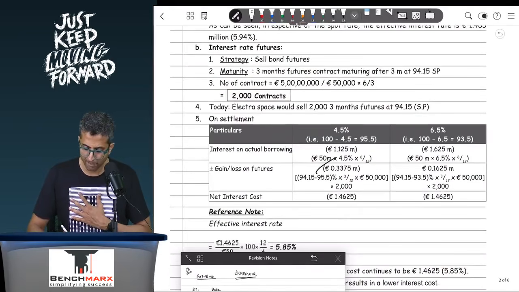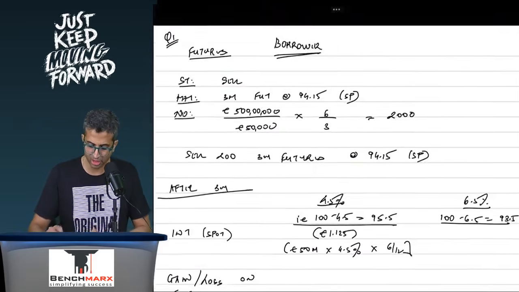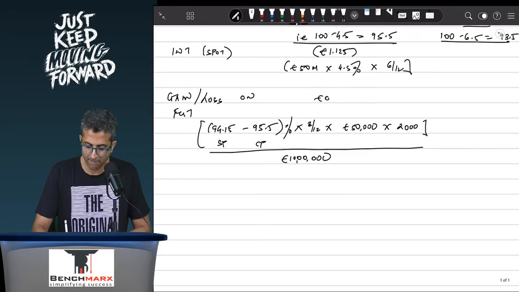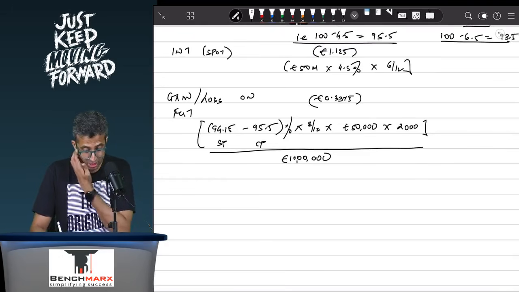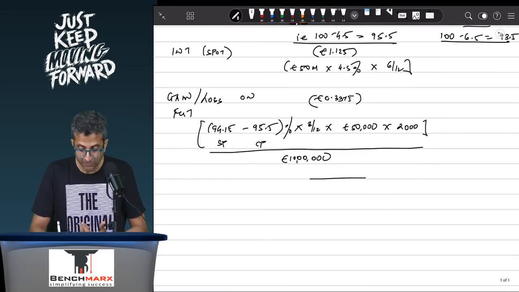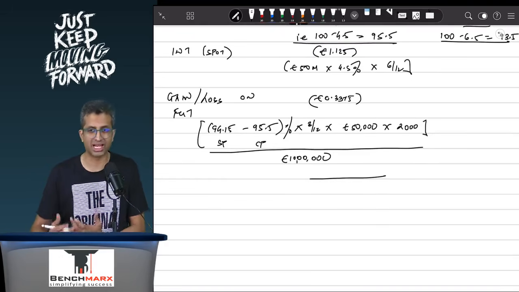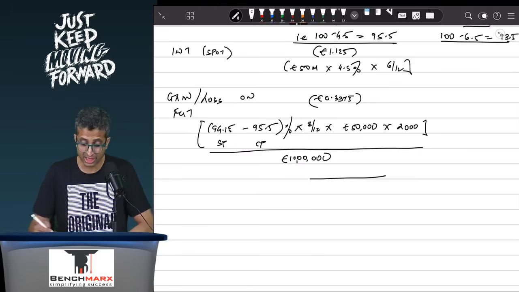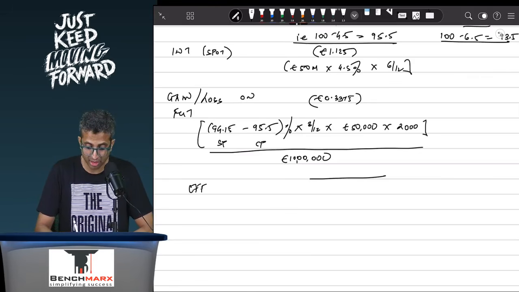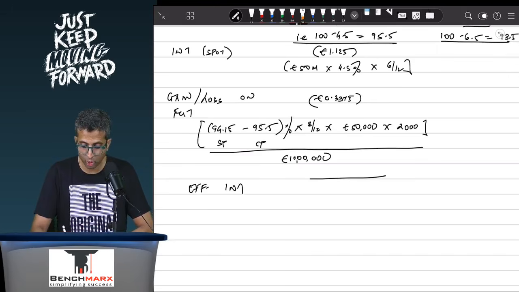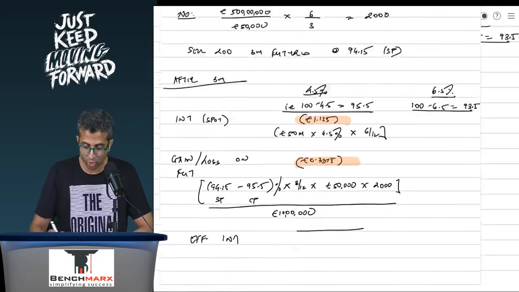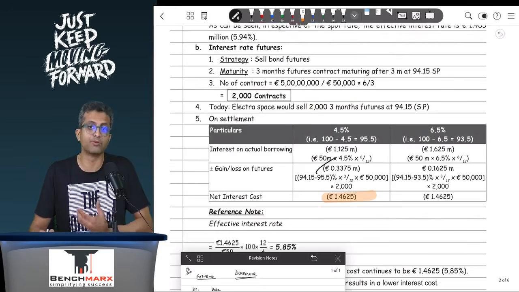So this is 0.3375 million. Selling price minus cost price is negative, so that is an extra cost. Hence your effective interest will be the total of these two. So if I take the total, that is 1.4625.